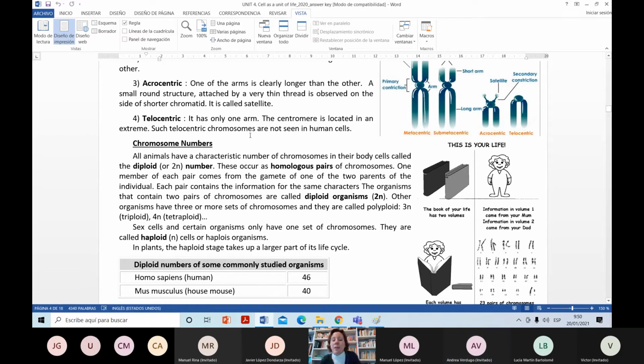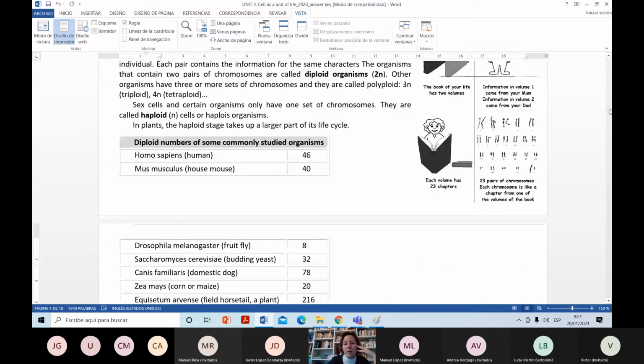What is the haploid number of chromosomes in mice? Any volunteer? It's 20, okay?